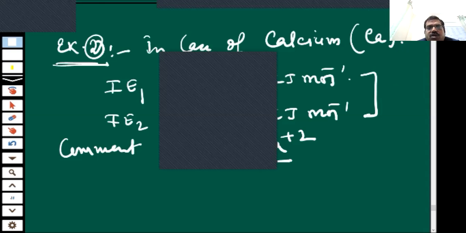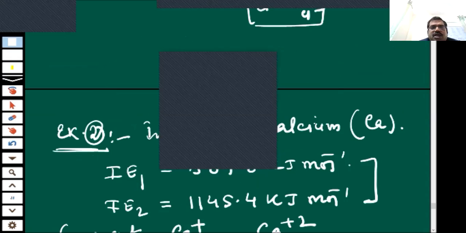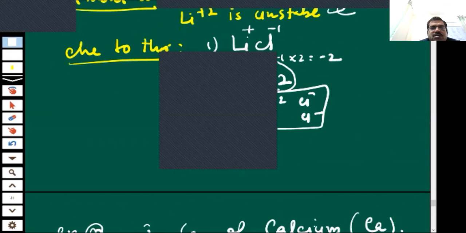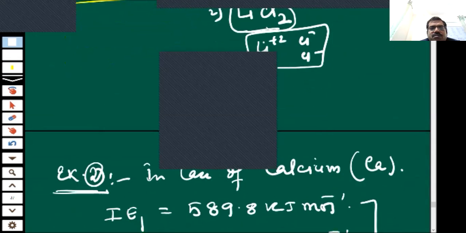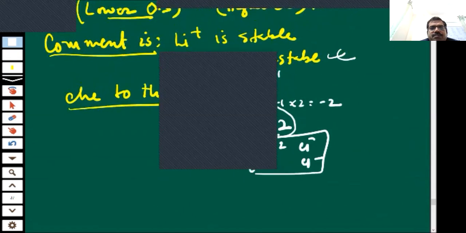Comparatively, Ca plus 2 is more stable.